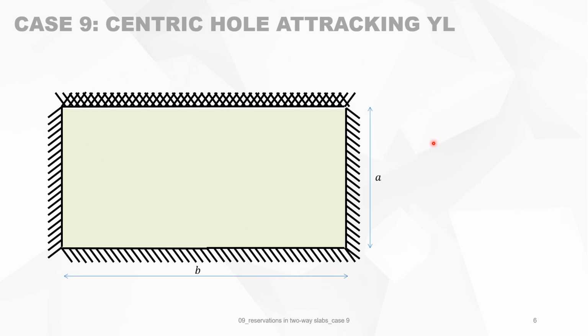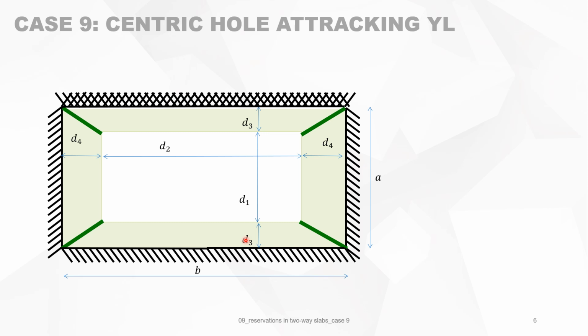So now let's start. This is the slab with side A and B smaller than 2 times A. We have the reservation in the slab with dimensions D2 and D1, and the reservation is centric. So the D4 on this side is the same as the D4 here, and D3 on this side is the same as this. This is what is meant by centric.